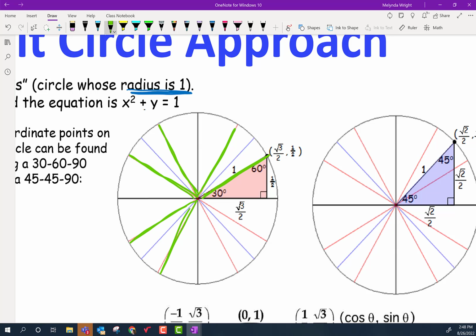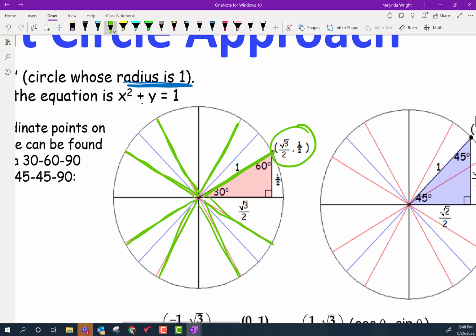Okay, 30, 60, 90s. And 30, 60, 90s will only have one of these two numbers associated with it. Actually, I have both, but in a different order. Root 3 over 2 or 1/2. That's all there is. There is no other number. Root 3 over 2 or 1/2.